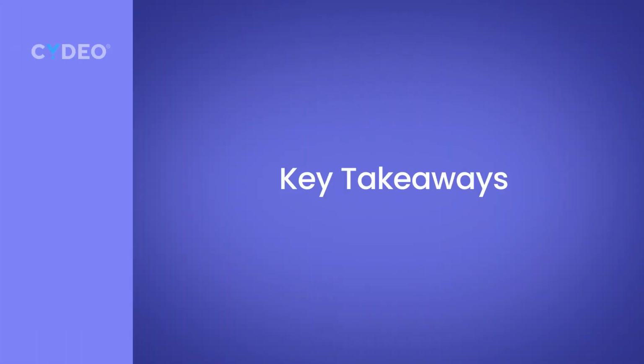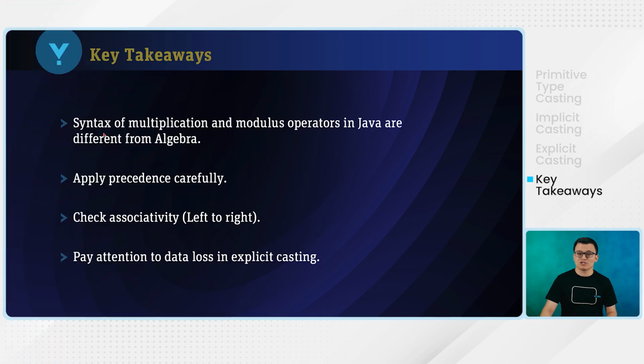And here are the few key takeaways from this module. So the syntax of multiplication and modulus operators in Java are different from algebra. Make sure that you know those arithmetic operators that we talked about earlier. And whenever you have multiple arithmetic operators given in the same expression, you have to pay attention to the precedence of those operators.